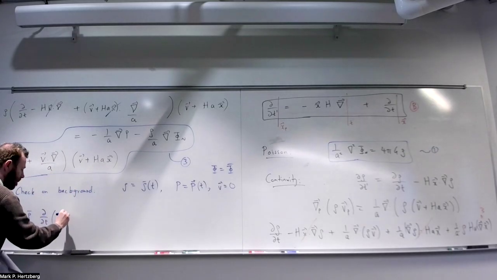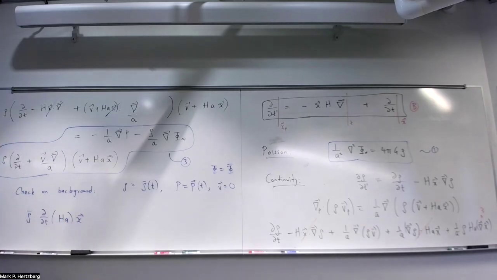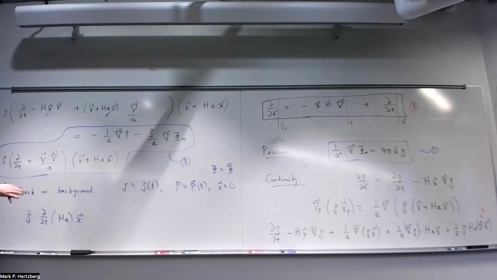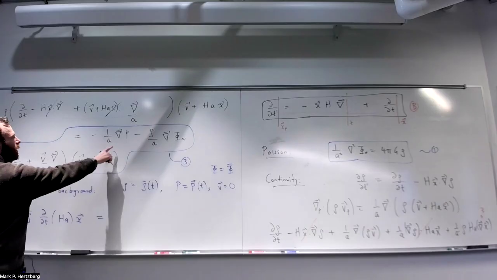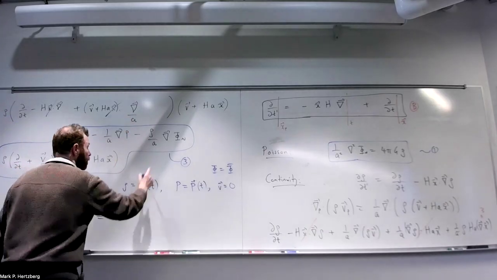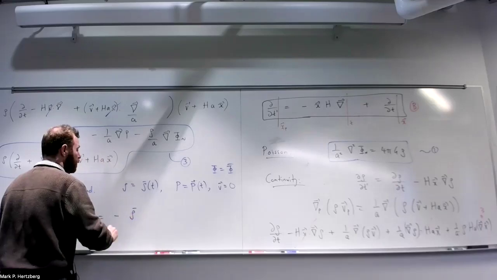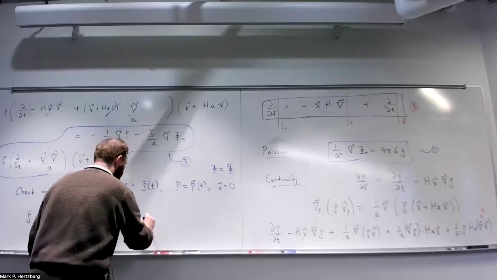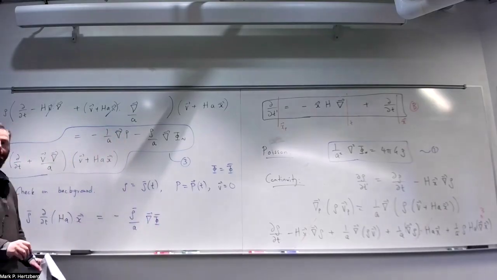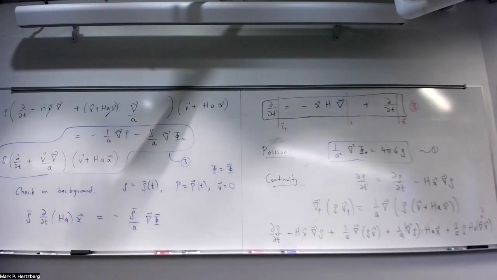There's an Ha, and I can pull out the x, because partial time derivatives don't act on x. They're independent coordinates. And then on the right-hand side, well, p is a function of time only, so its gradient vanishes. And we should be careful about the Newton potential. I'll keep that. All right, so it looks like this.